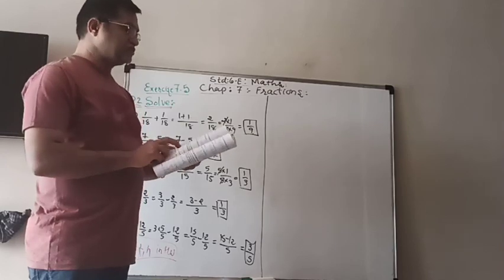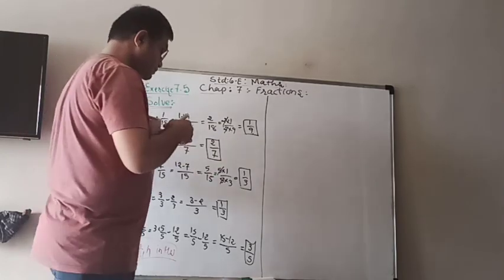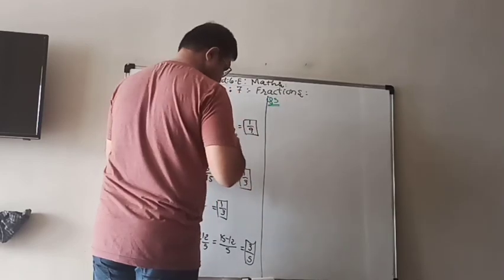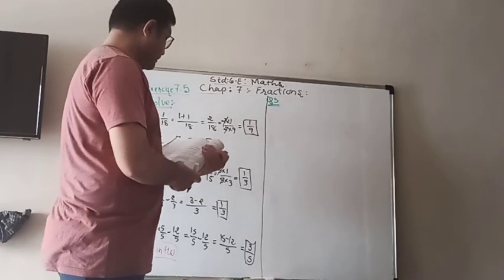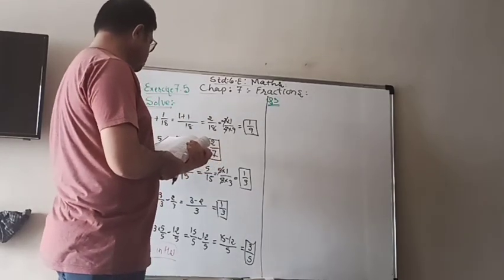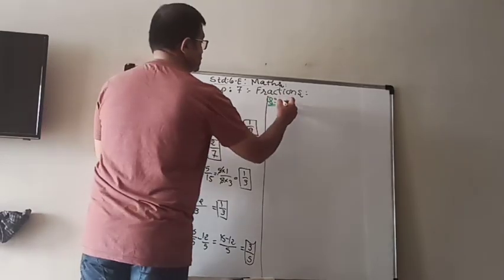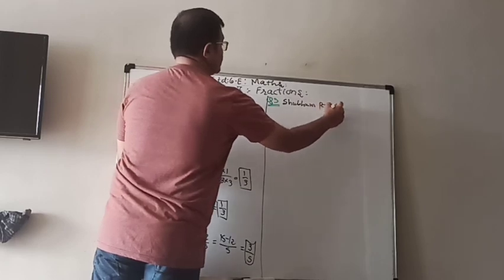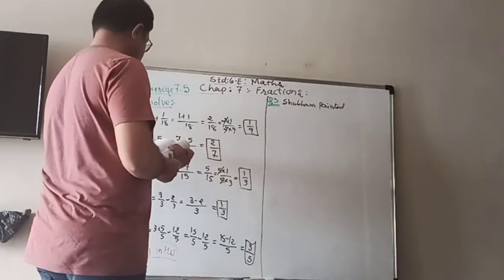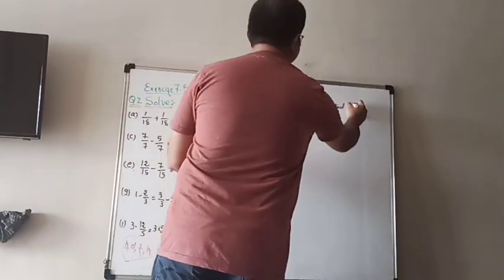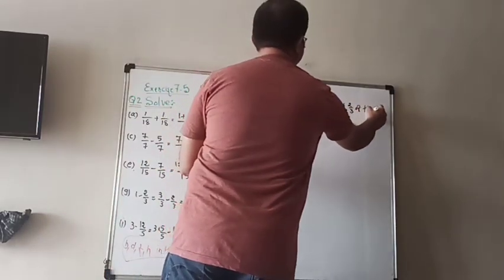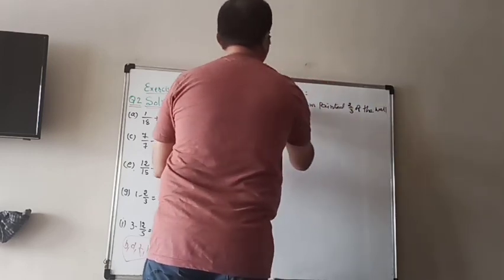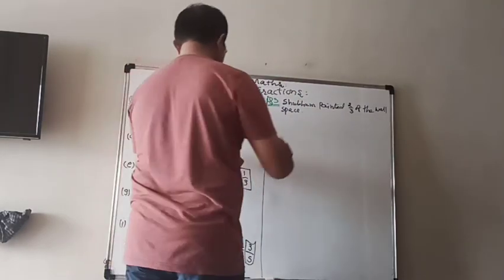Let's check question number 3. It is a word problem. Let us read. Shubham painted 2 by 3, that is 2/3, of the wall space in his room.